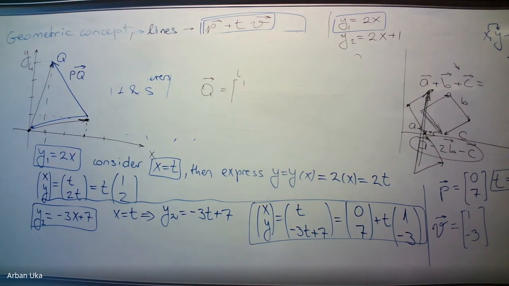We'll do a couple of examples where we can see that the slope can help us determine if two lines intersect or if they don't intersect.